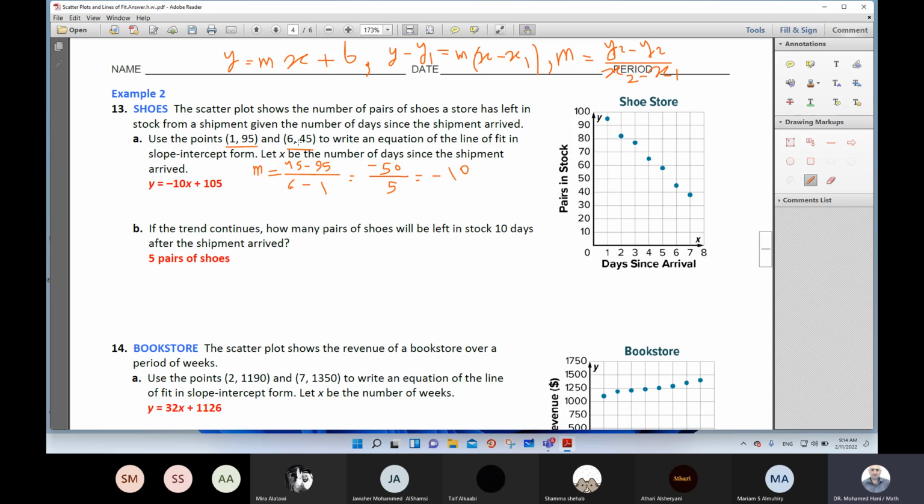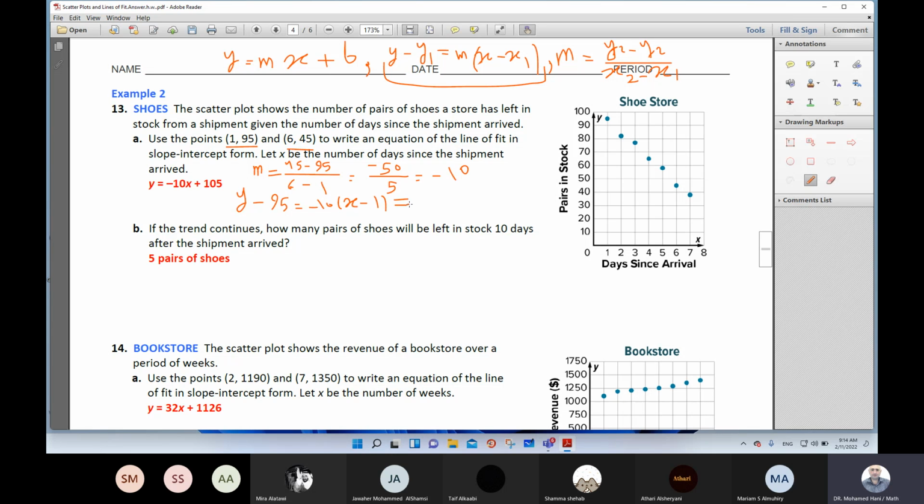Now choose the point. You can choose the first point or you can choose the second point. It's up to you. And I will substitute in the second equation. This is easier. So y minus, I will take the first point, y1, 95, equal m will be negative 10 multiplied by x minus x1, means 1.